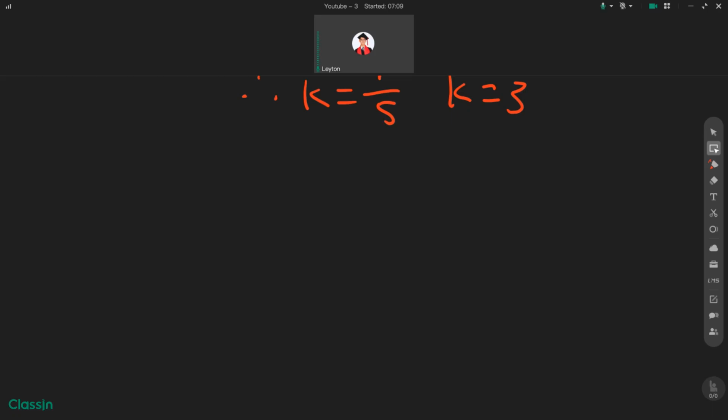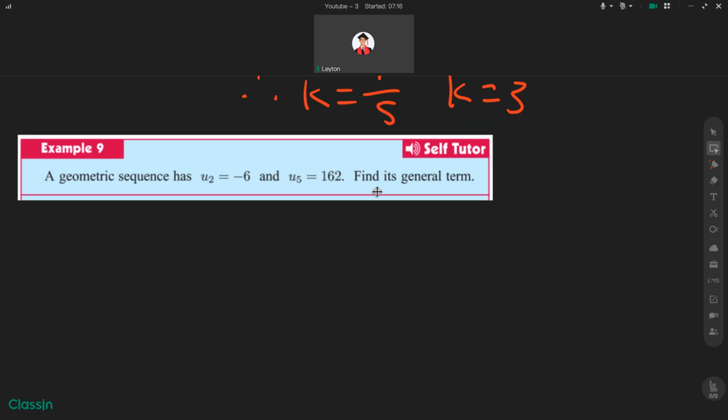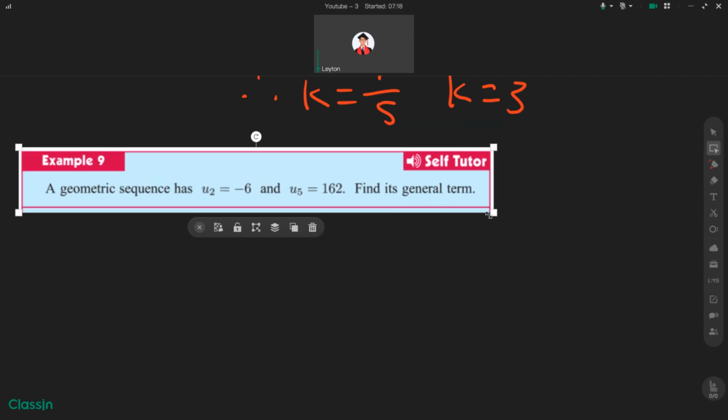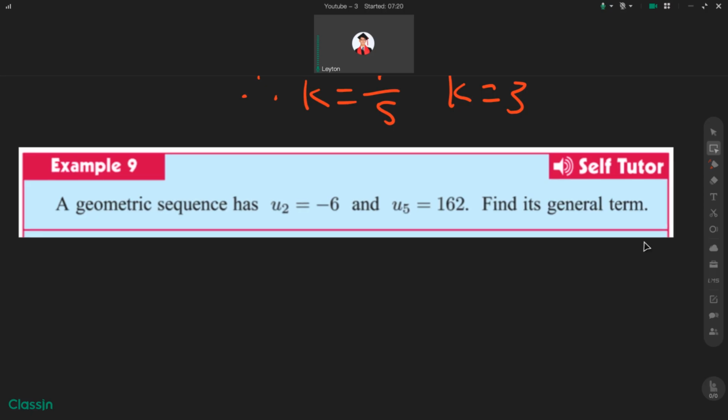All right, I'm going to do another example. A geometric sequence has U2 is equal to minus 6 and U5 is equal to 162. Find its general term. All right.